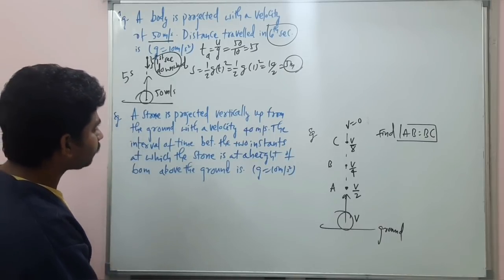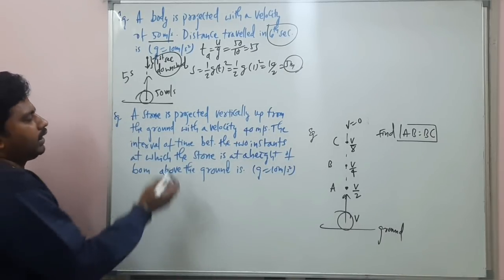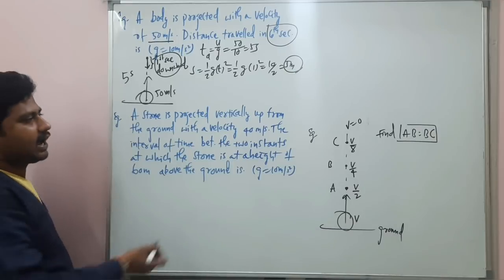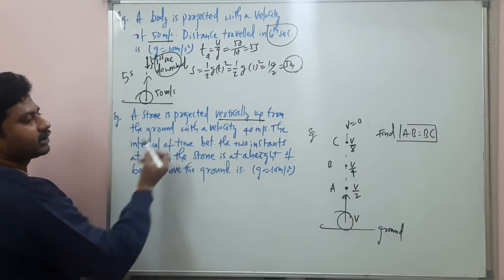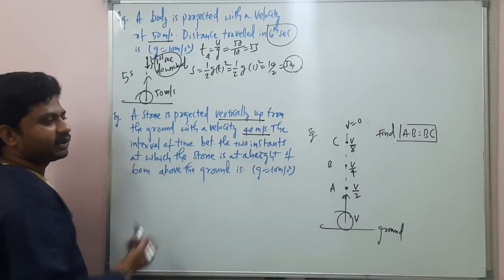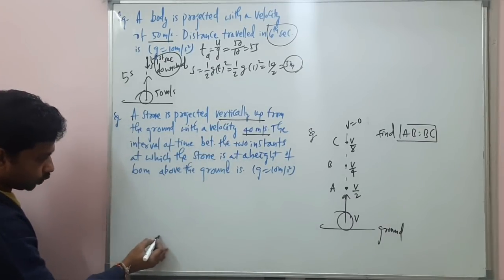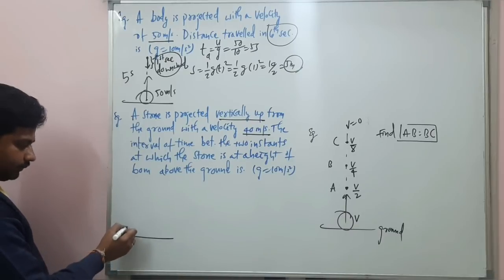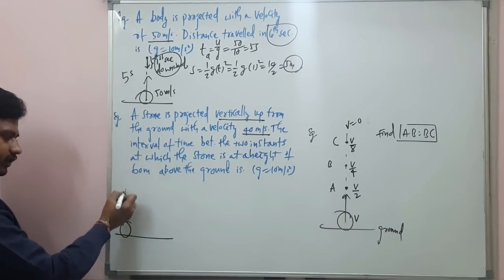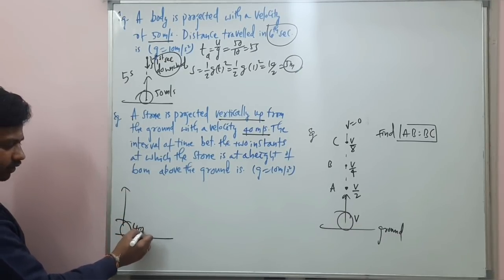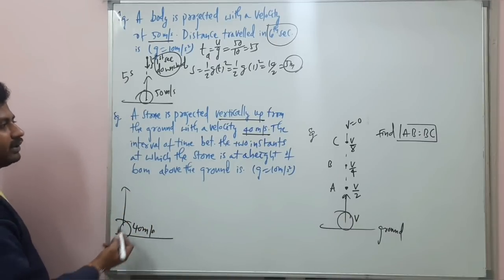Now, a stone is projected vertically up from the ground with a velocity 40 meters per second. Okay, fine. So, this is the ground. A stone is projected with a velocity of 40 meters per second. What happens?